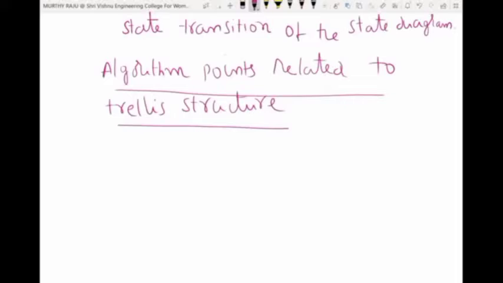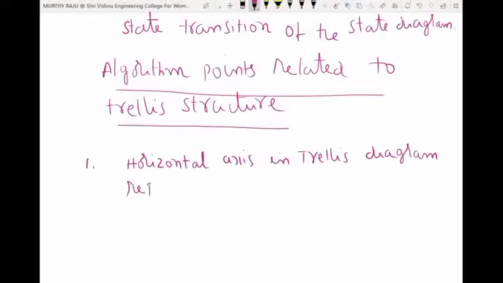First important point here is the horizontal axis in the Trellis diagram or structure represents the discrete time steps.